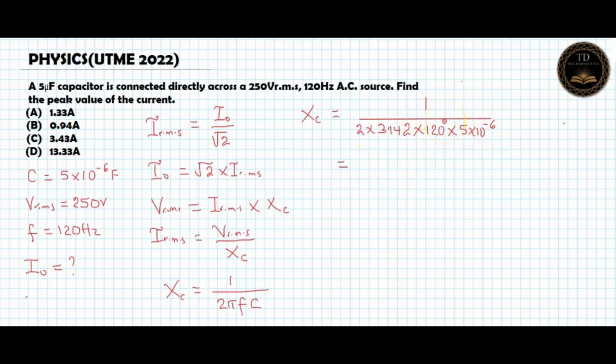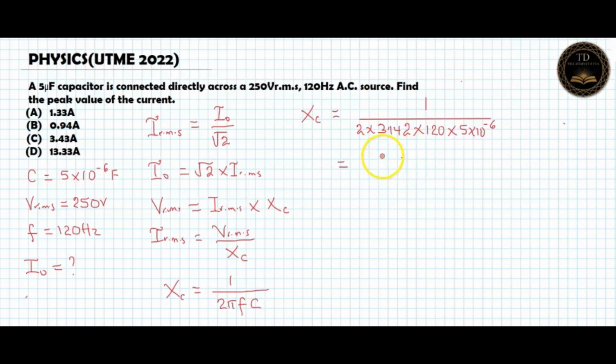Recall that for UTME students, you'll be using an on-screen calculator, and it doesn't have certain functions like raised to power something. So you need to improvise. Recall from your knowledge of indices that 10 raised to the power minus 6, if you move it up, becomes 10 raised to the power 6.